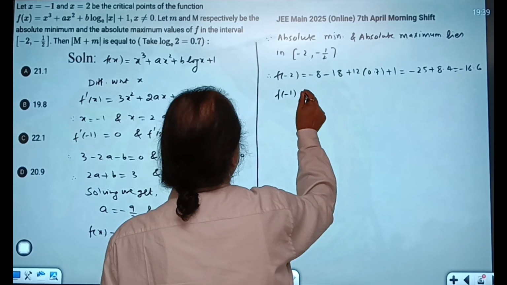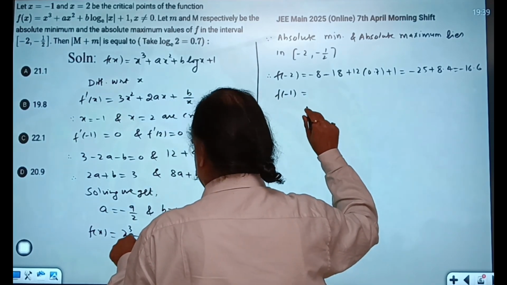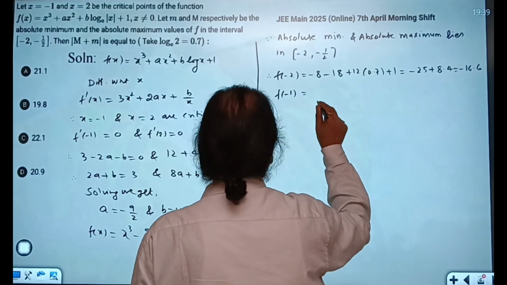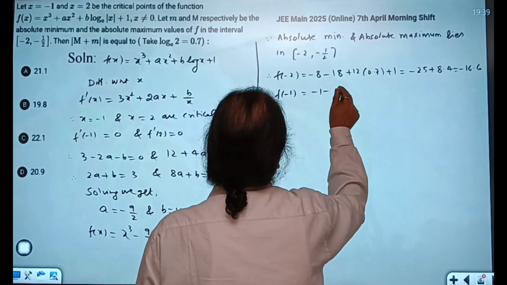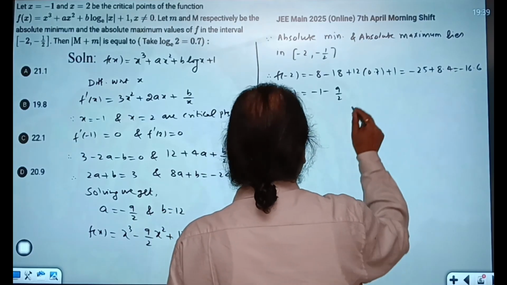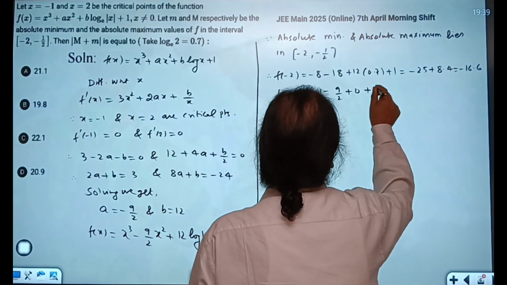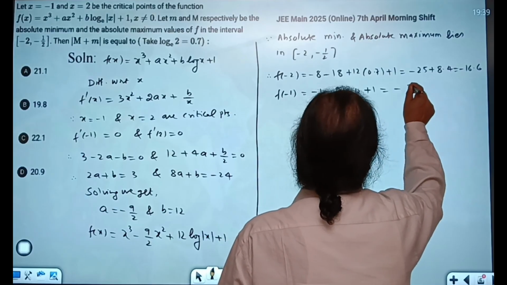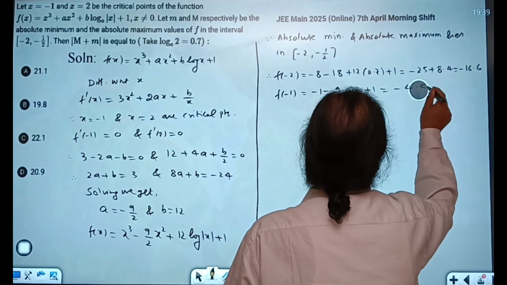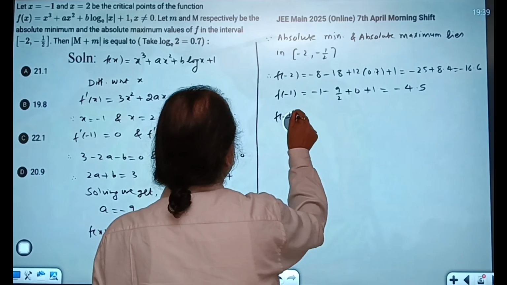Minus 1. So let me check minus 1 also. And f of minus 1 is what? Minus 1 minus 9 by 2, log 1 becomes 0, plus 1, is equal to minus 4.5. 9 by 2 is 4.5. And f of minus half is what?